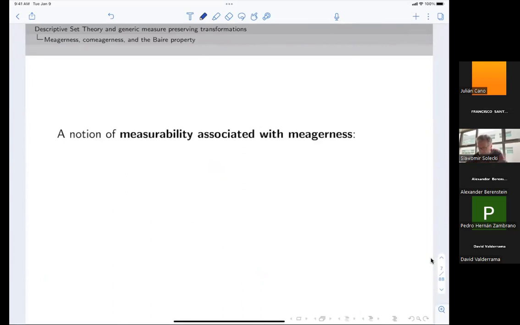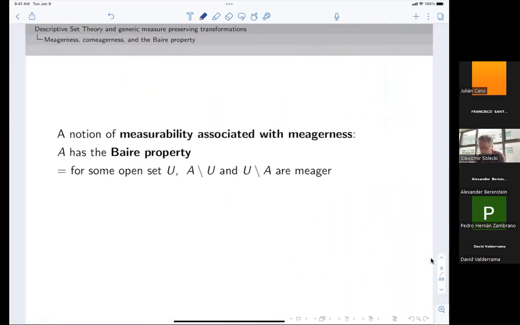There is also a notion of measurability associated with meagerness. I will talk a little bit about this introductory notion, which is the notion of having the Baire property. A set A has the Baire property if it differs from an open set by a meager set.